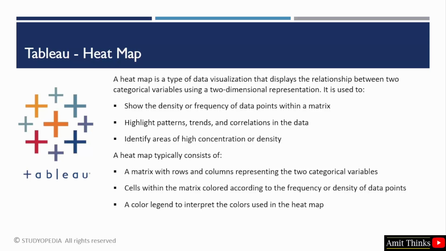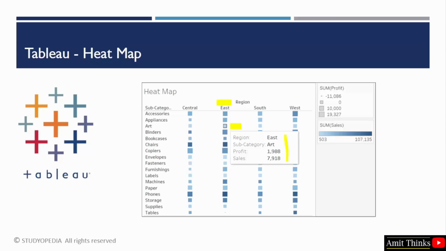So whatever I discussed here, you can relate this with the following figure. We have displayed a heat map that identifies trends and areas of high or low performance by highlighting which regions and subcategories are performing better or worse. On the right, sum of sales is visible. The darker color has higher sales and the lighter color means less sales.